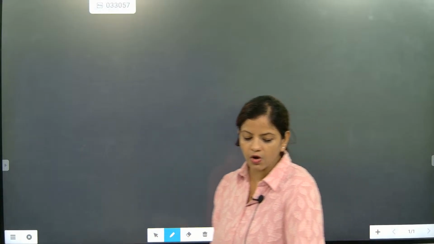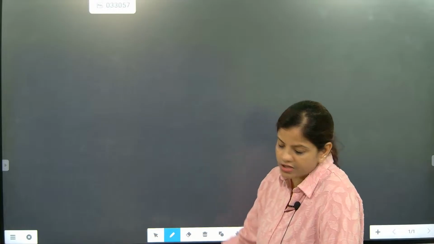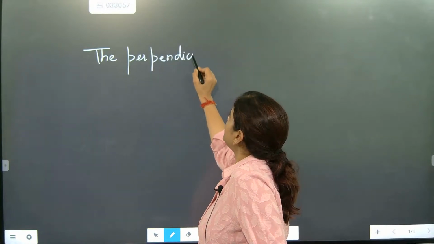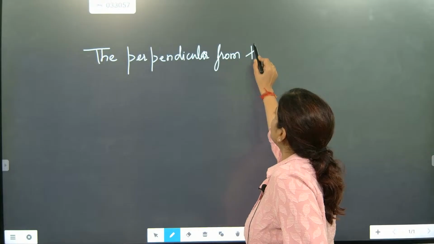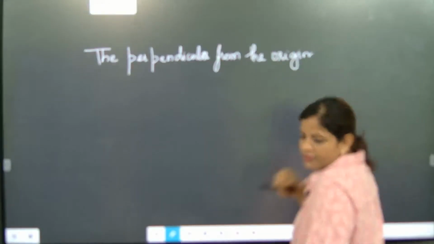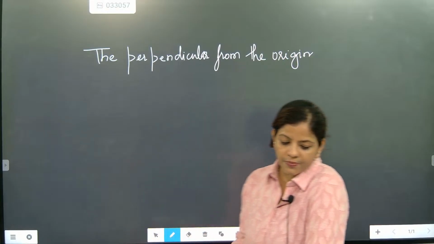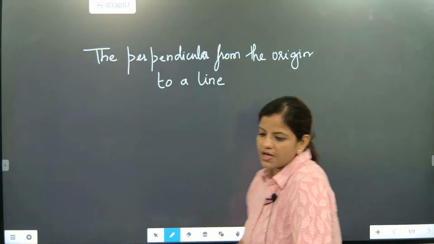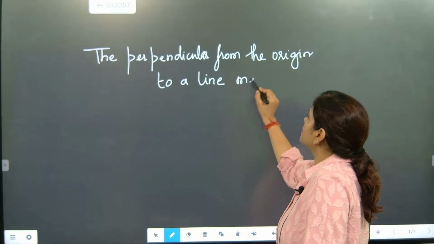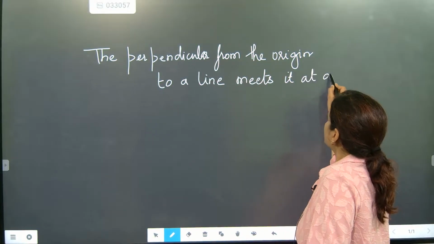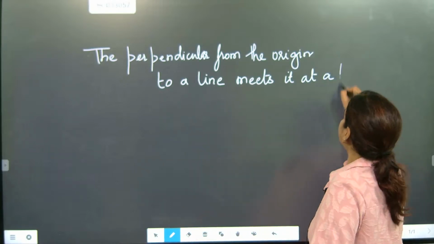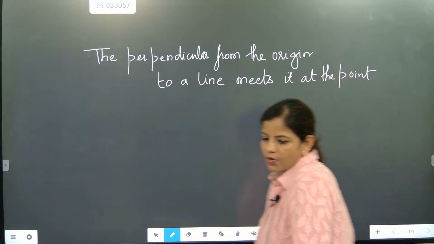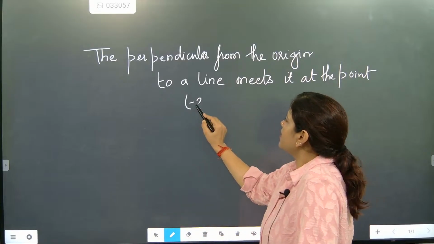The question is: the perpendicular from the origin to a line meets it at the point minus 2 comma 9.